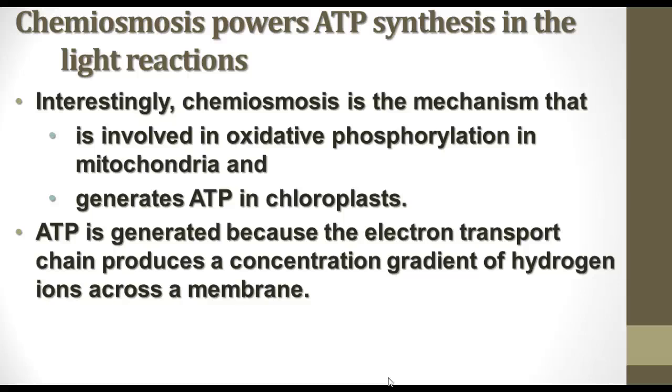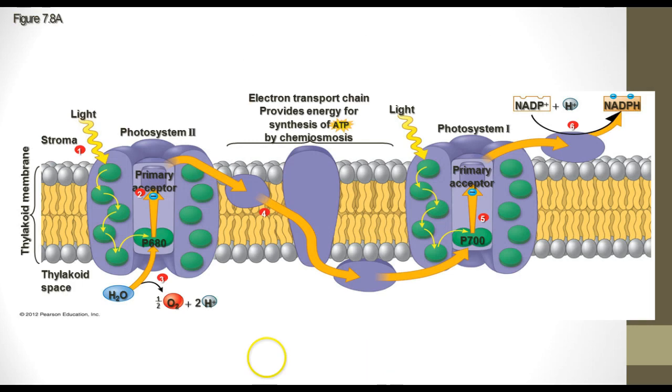So we have this electron transport chain, and what that does is produce a concentration gradient of hydrogen ions across the membrane. Back here we said the hydrogen ions would be collecting in the thylakoid space. These proteins in the thylakoid membrane get energy from the electrons to pump hydrogen ions from the stroma into the thylakoid space where they'll collect.